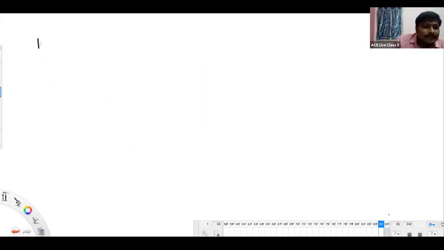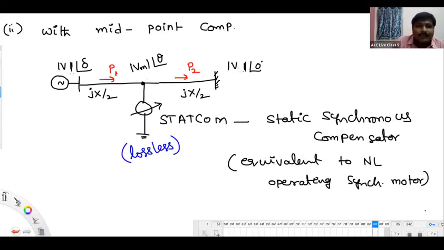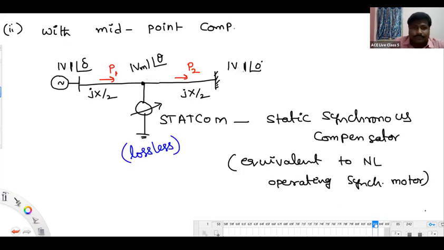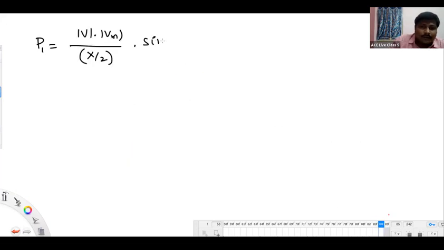Equation for P1 is simple. Mod Vm by x by 2, that is the P maximum of that part of the network. Mod V into mod Vm by x by 2, multiplied with sine of delta minus theta.